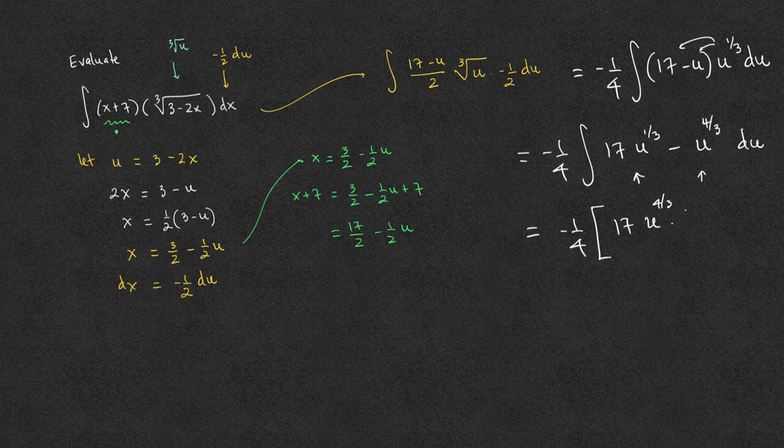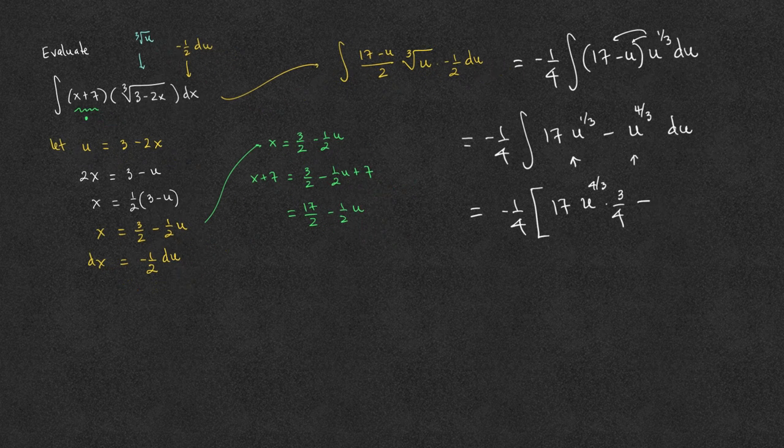We multiply by the reciprocal of the new power. Minus the antiderivative of u to the 4/3 is u to the 7/3, because 4/3 plus 1 is 7 over 3. Multiply by the reciprocal of the new power, which is 3 over 7. And don't forget a plus c.